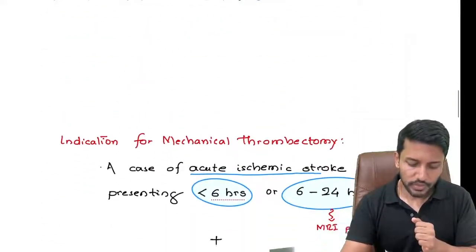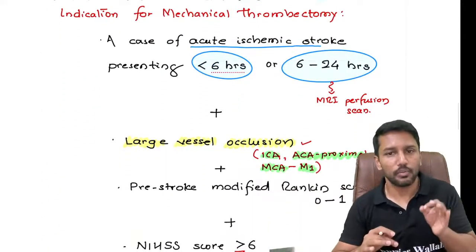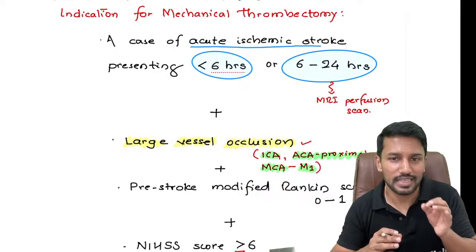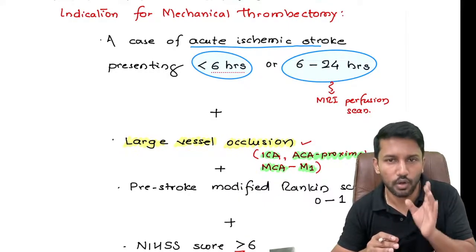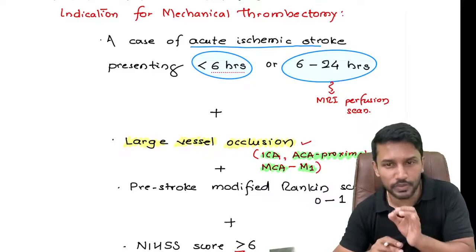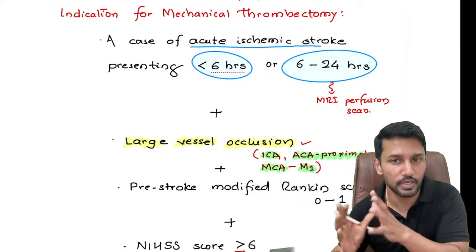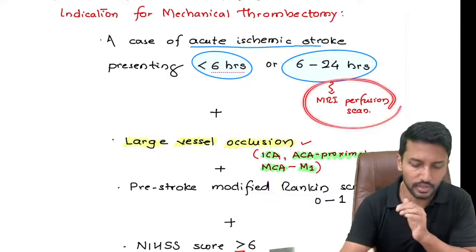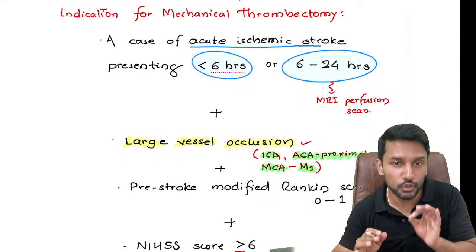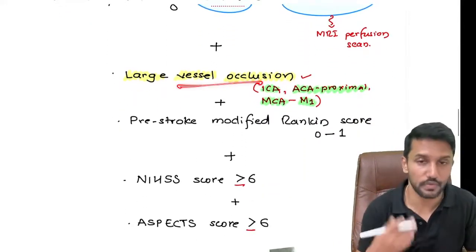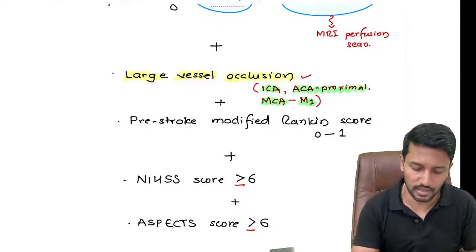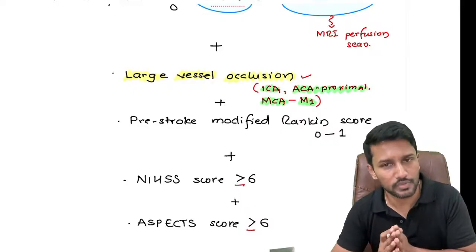To give you a summary of what we have understood so far: mechanical thrombectomy is indicated in any patient presenting within 6 hours of onset of symptoms, or 6 to 24 hours of onset, provided there is savable tissue visible on the MRI perfusion scan. The patient should have an occlusion of a large vessel where our wire can reach. Our wires can currently reach the internal carotid artery, proximal ACA and M1 segment of MCA.